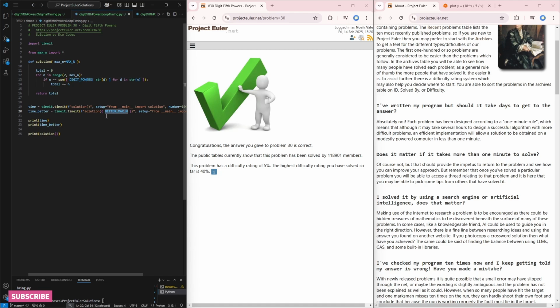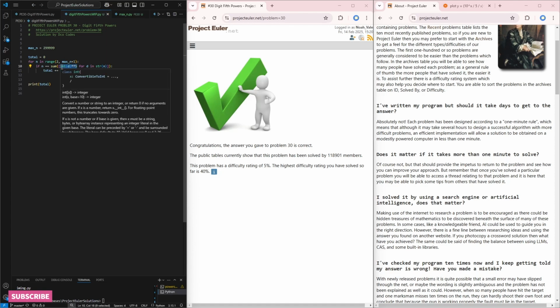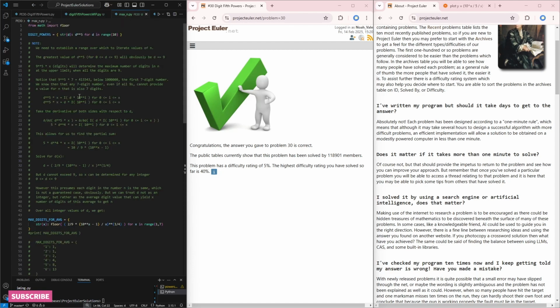The only difference really is I use that max n file with the constant and the digit powers all calculated. You may have noticed, actually, I should mention this real quick, that there was a very sloppy thing done here, right here, still, I haven't fixed. There's only 10 digits, so you can just compute them in advance, right? For every digit, and that's what I do actually right here at the top.